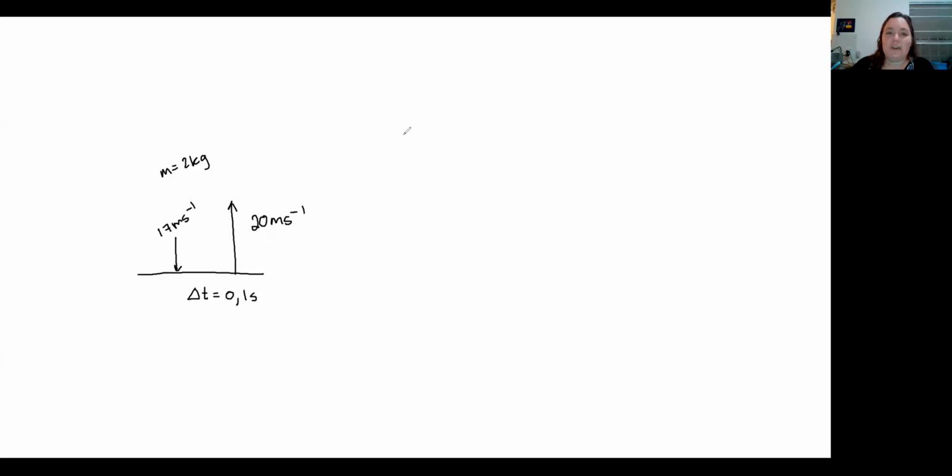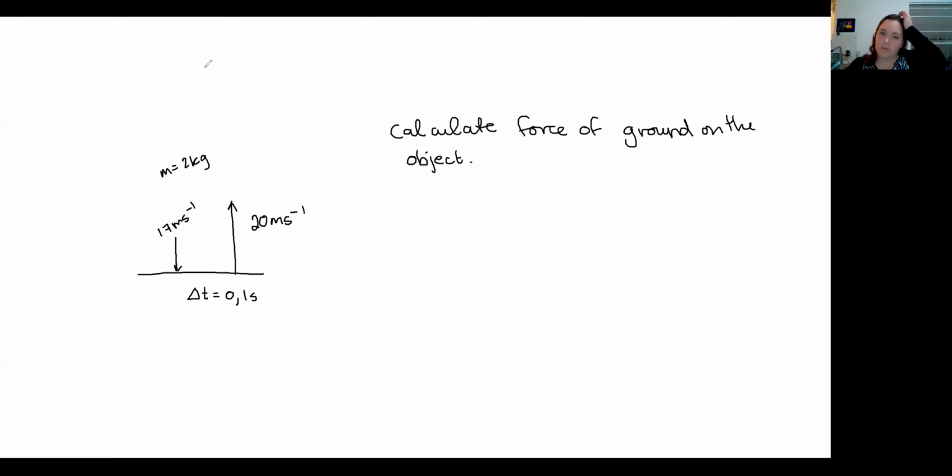So here your question is to please calculate the force of the ground on the object, in order to cause this change in momentum. Go for it. I'm going to quickly pause while we do this, and you can all hopefully get through writing up your answers. Okay, go for it.